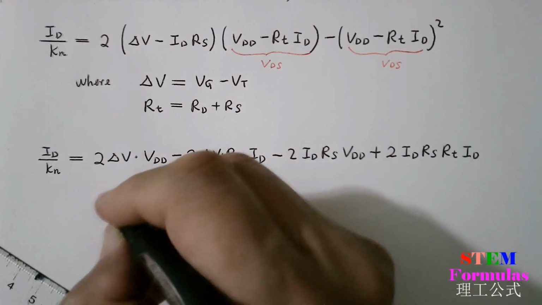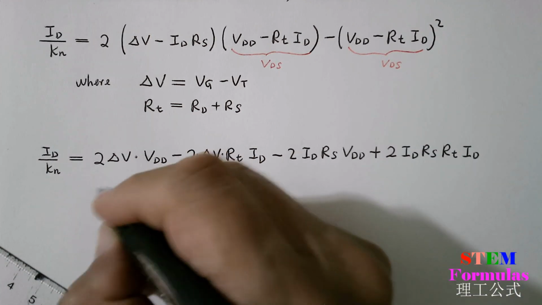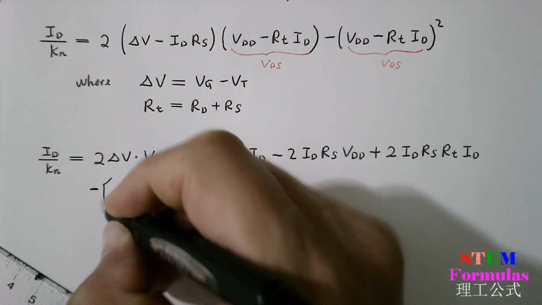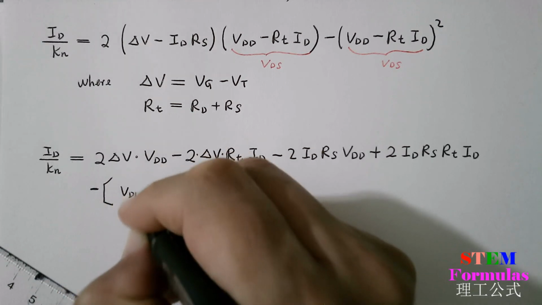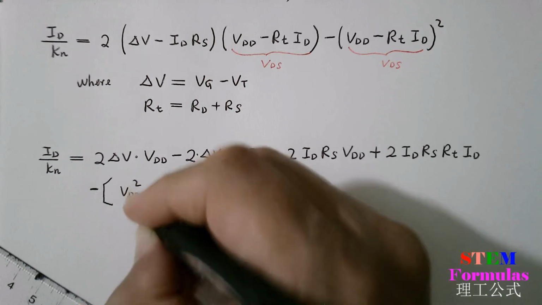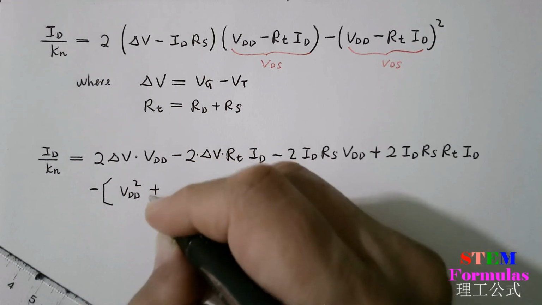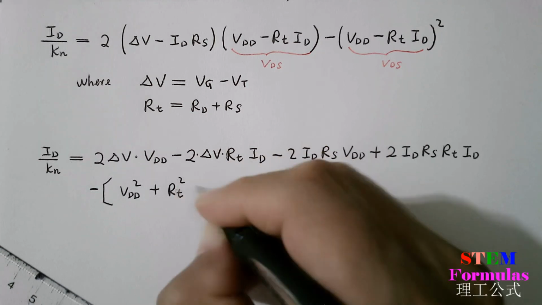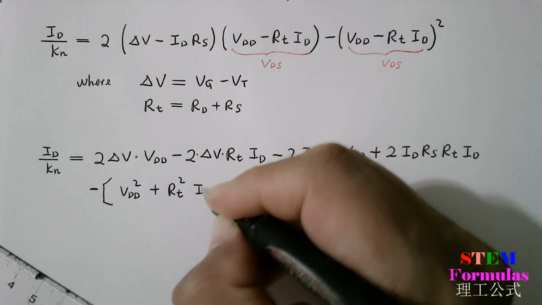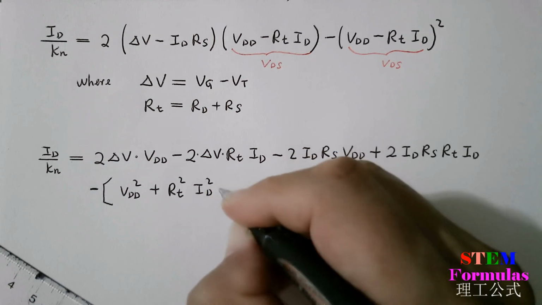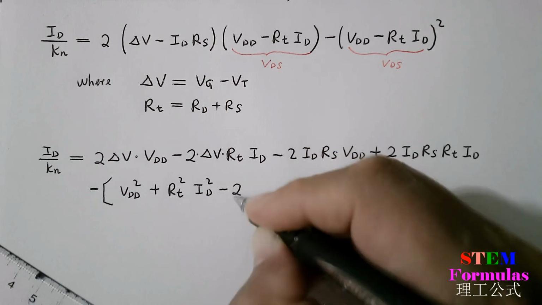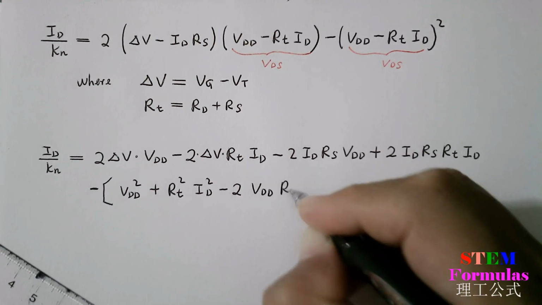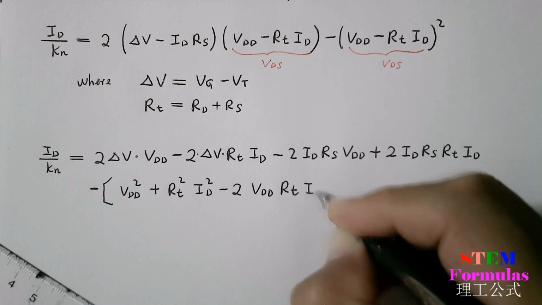Then minus VDD square plus RT square ID square minus 2 times VDD RT ID.